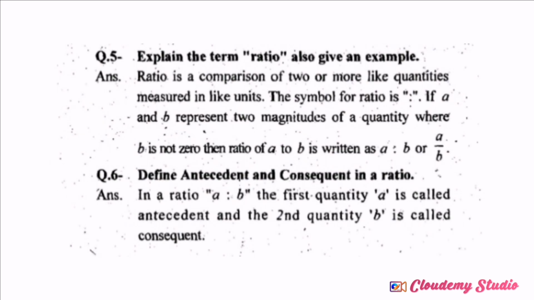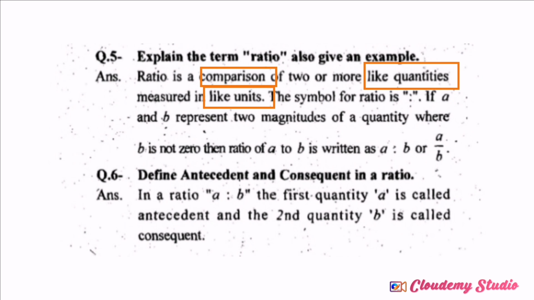Explain the term ratio. Also give an example. Ratio is the comparison of two or more like quantities measured in like units.